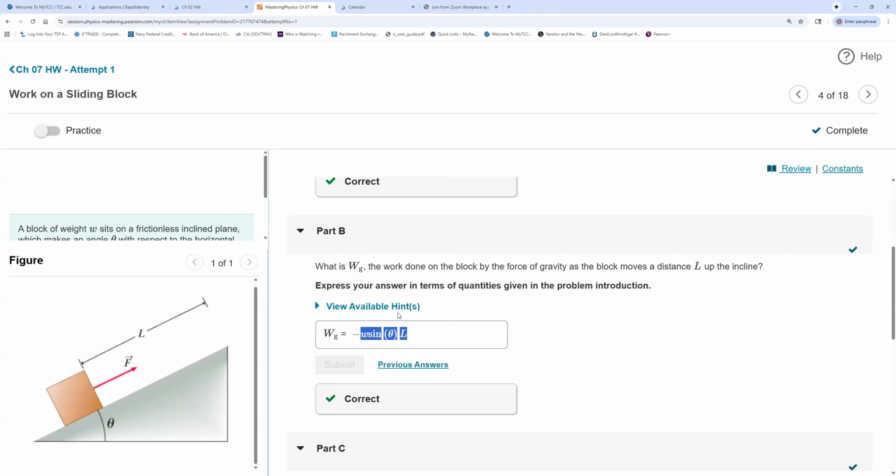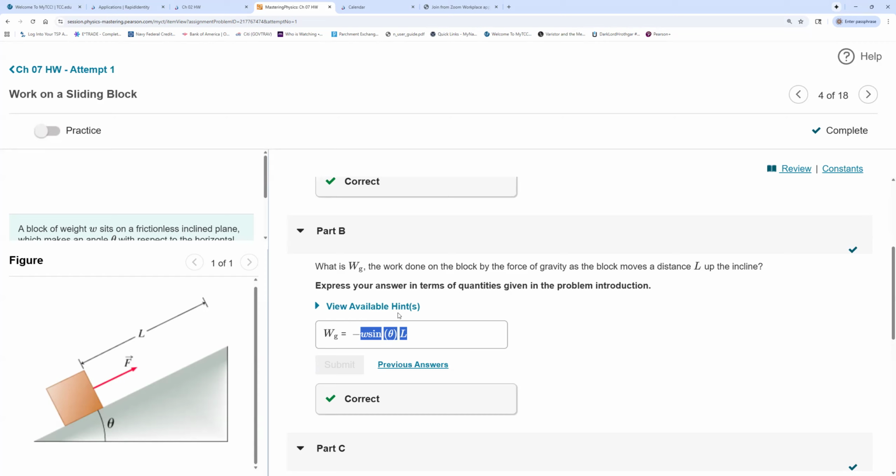So what's going on there is you have to break down the weight, which is mg, a vertical vector that points down, and make a component that's parallel to the incline and another component that's perpendicular to the incline. And you'll see that the weight is actually pointing in the opposite direction that the object's going.